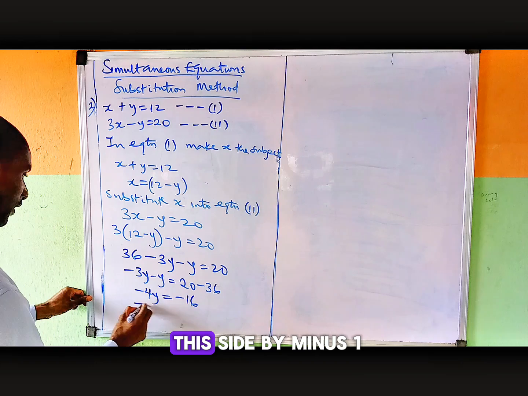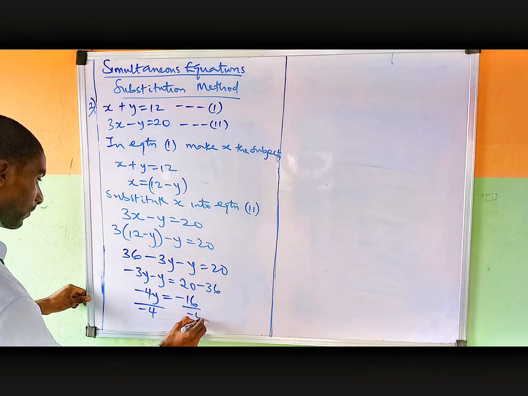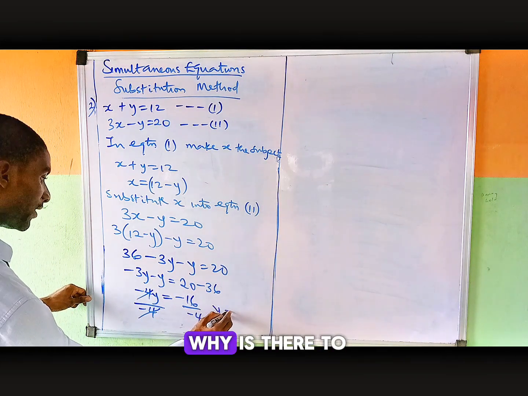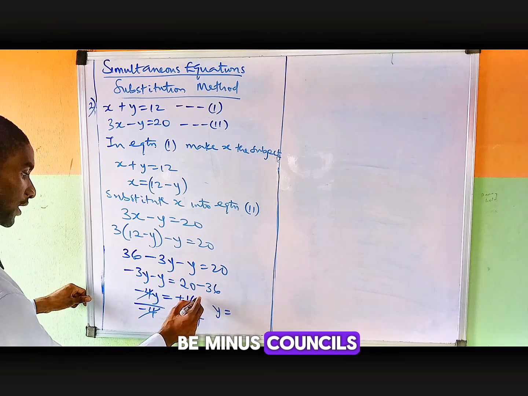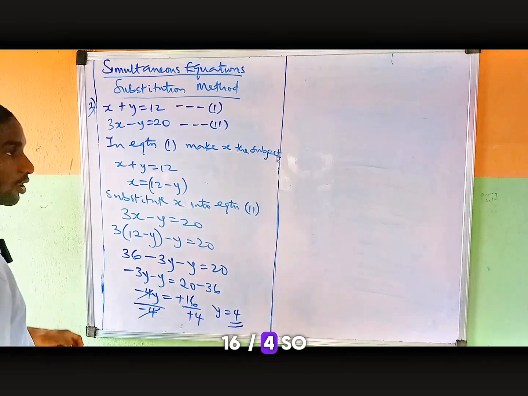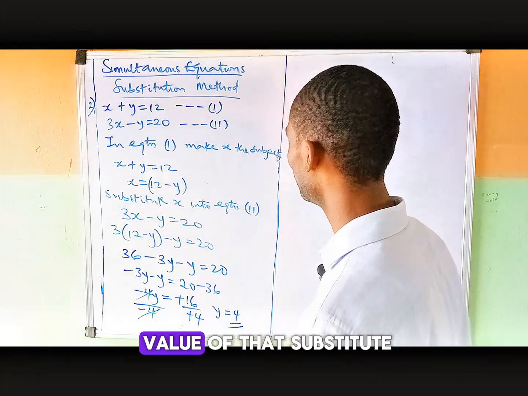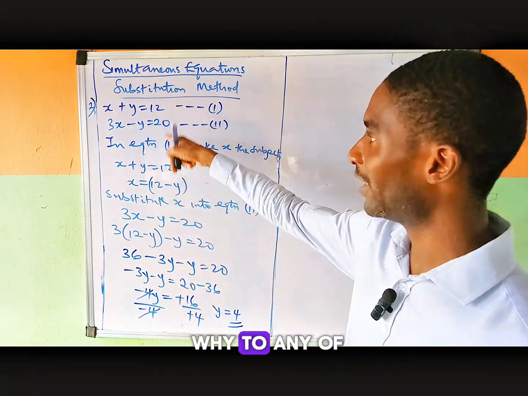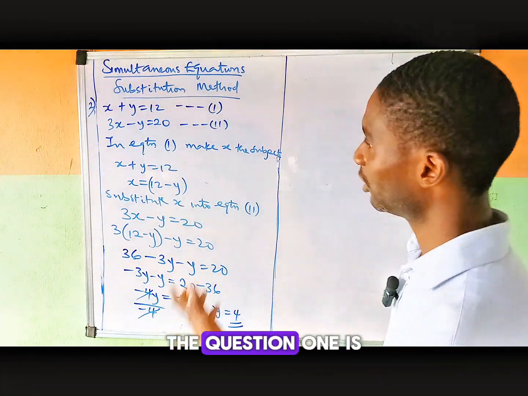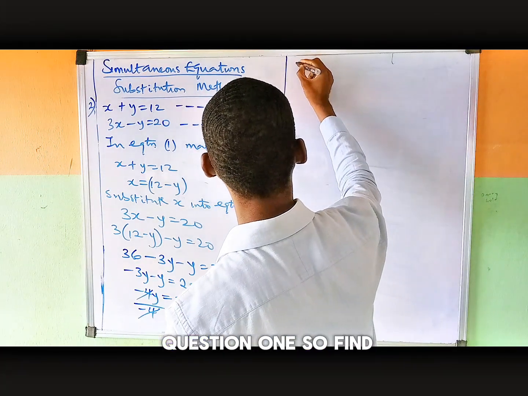So you divide this side by minus 4. This cancels this. So your y is going to be, minus cancels minus, 16 divided by 4, your answer is 4. So the answer to the question, your y is plus 4. So to find the value of x, you substitute y into any of the equations. Equation 1 is a simpler one, so let's use equation 1.